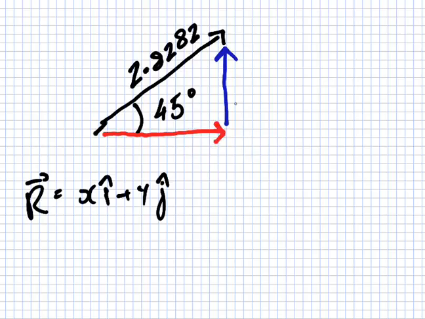Now this really is just a semester 1 trigonometry problem, so I hope it won't be too difficult. I'll give you a minute to try that. So this vector here is x units long, and this other vector here is y units long.